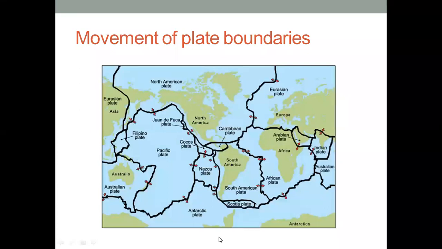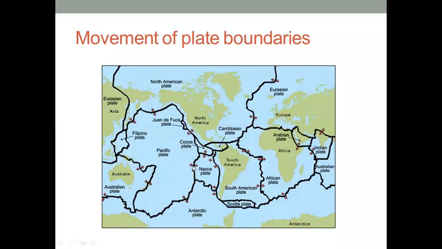Here you can see these are the tectonic plate boundaries. Here this is the collision or convergent boundary, and this is the transform boundary. And this one is spreading ridges, the divergent boundary.